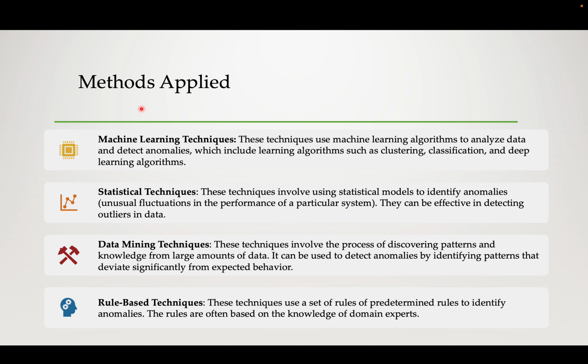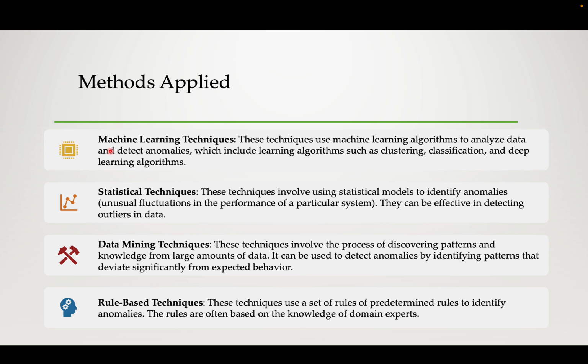Now, let's take a look at the methods applied. So what are the methods? In the context of anomaly-based detection, methods refer to the various techniques and algorithms used to identify and classify events that deviate from normal behavior or patterns. These methods are often based on statistical models or machine learning algorithms.